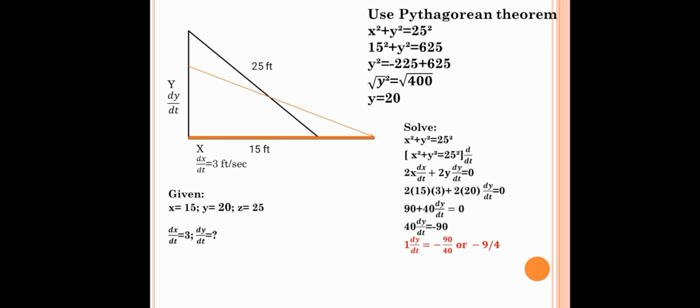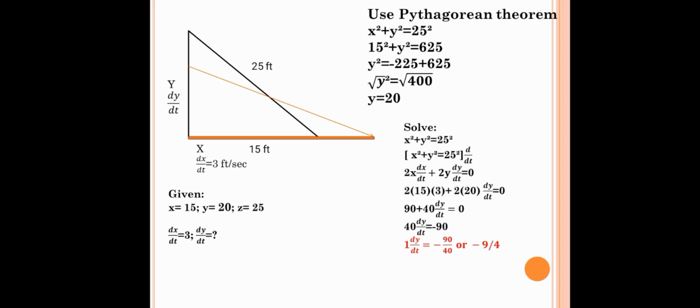So it implies that the rate of change, when the ladder is sliding down, of the distance y on the wall is decreasing at a rate of 9/4 feet per second.